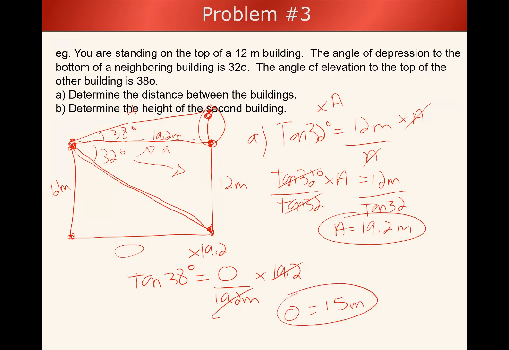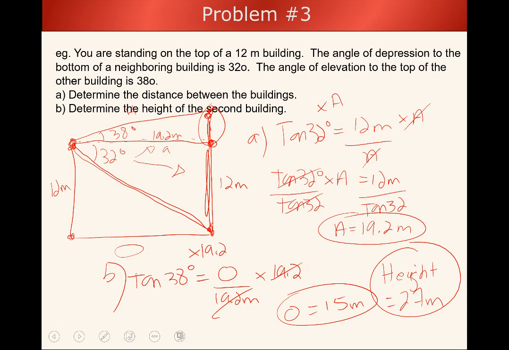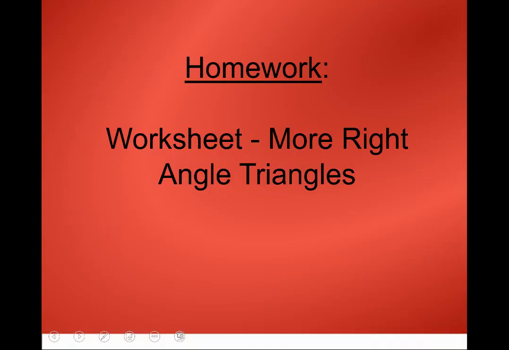I'm going to circle that because it's important, but I'm going to say the height is equal to, what was it, 12 meters from there to there, and then a further 15 meters. So 12 plus 15 is equal to 27 meters, and that is the answer to B. We solved B. A little bit sloppy as I'm pressed for space on this PowerPoint.